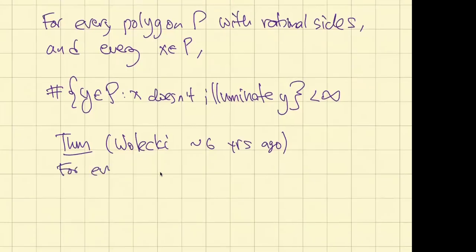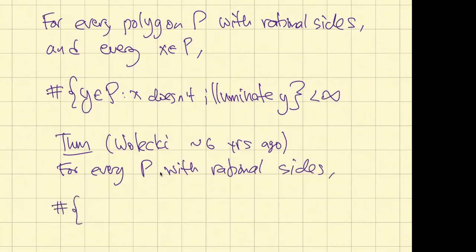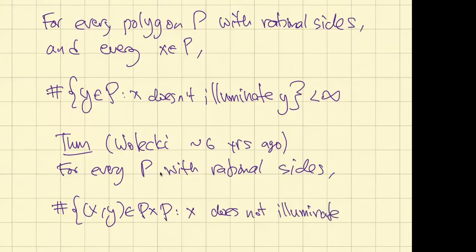For every P with rational sides, the number of pairs of points which don't illuminate each other is finite. So this is a stronger result than the preceding one.